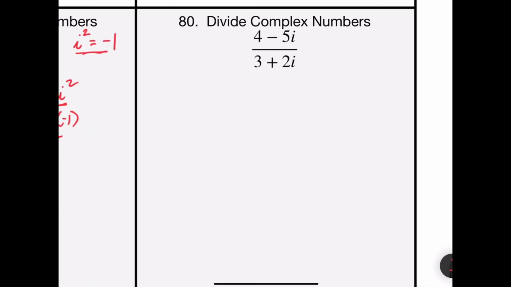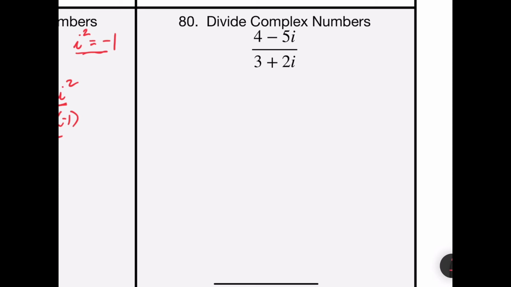Problem number 80 is dividing complex numbers. It says (4 minus 5i) over (3 plus 2i). So the trick with dividing complex numbers is to remember there's no division. To divide complex numbers, we actually multiply by a form of 1 that's the complex conjugate of the denominator. So let's look at that.